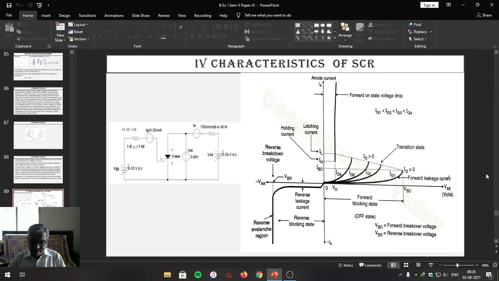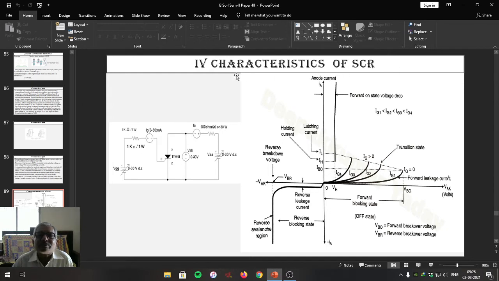We studied its operation in forward bias mode as well as in reverse bias mode, but it is not used in reverse bias mode. Mostly it is used in forward bias mode. Friends, today we are going to consider the IV characteristics of SCR.